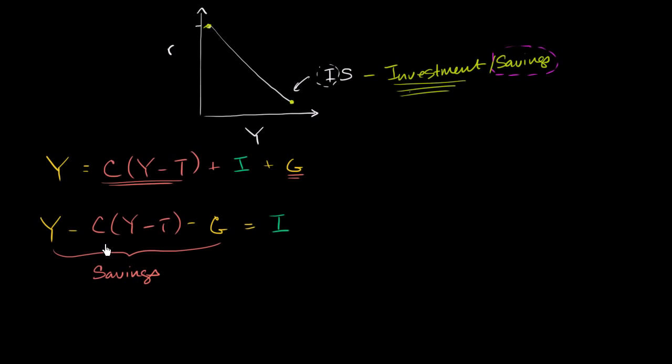And when you think of it this way, you have a slightly different view of this curve. Because when you view it from a savings point of view, you say, well, what's going to happen if GDP goes up? What happens if we have a high GDP over here? If GDP goes up, the consumer spending, which is a function of GDP, will go up, but it won't go up as much. It's going to go up by this expression right here times, if we assume a linear model, the marginal propensity to consume, which is less than 1.